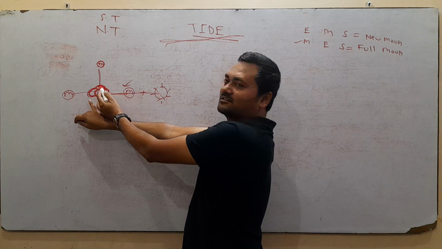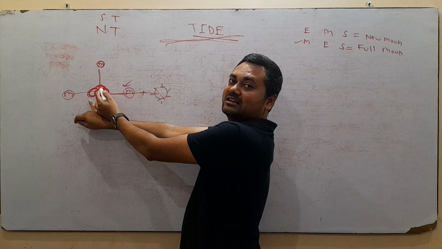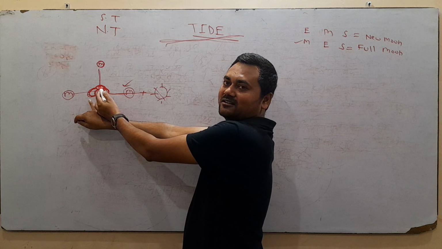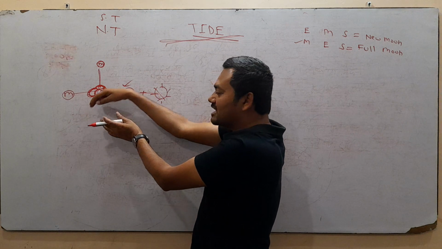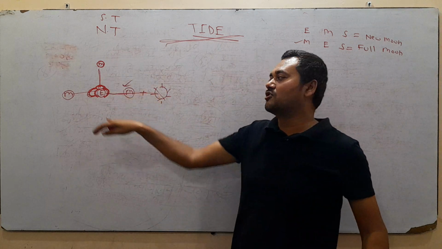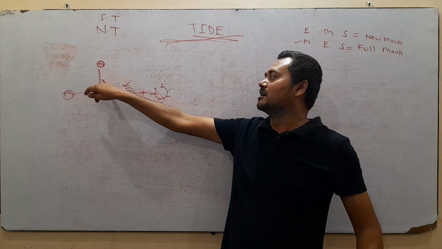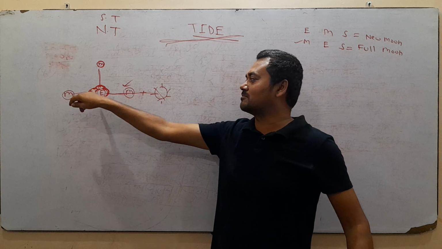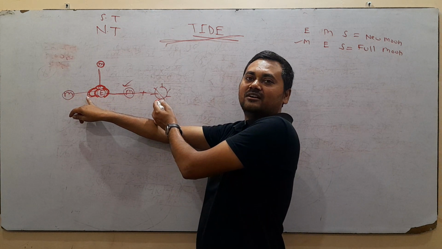So this bulging when the moon was there, this bulging was vulnerable, and because of this vulnerability, this sun, it was able to reduce the height of this bulging because of the position of the moon. But now the moon is there, that's why the bulging is on this side, which is just opposite of the sun.